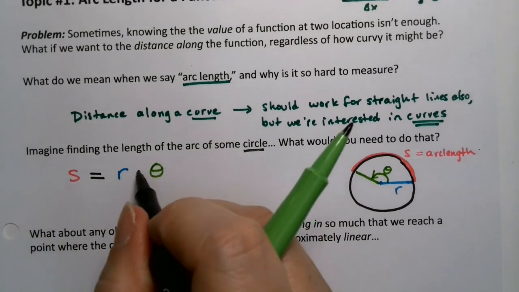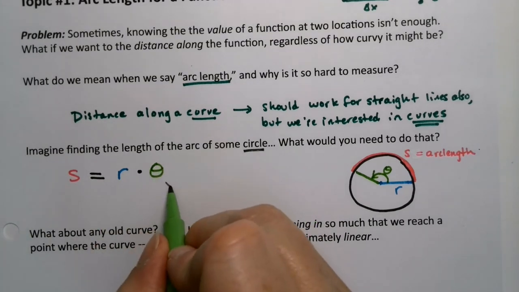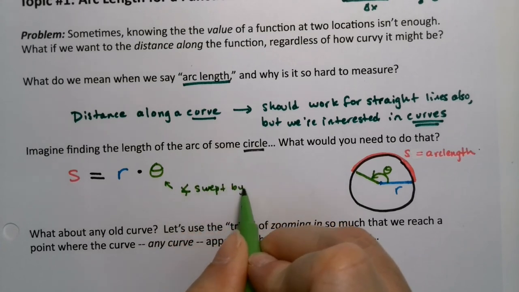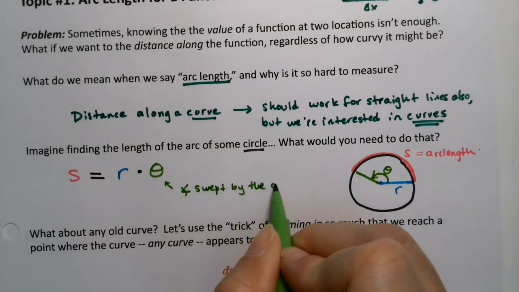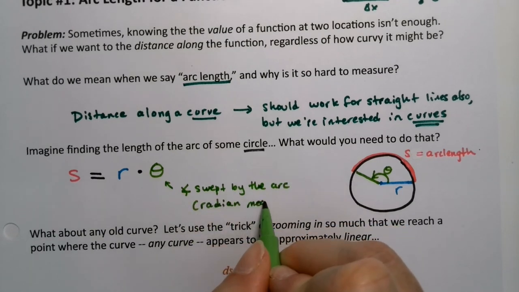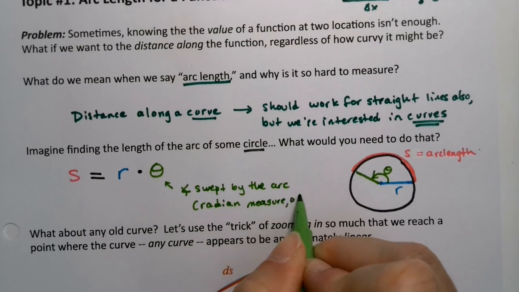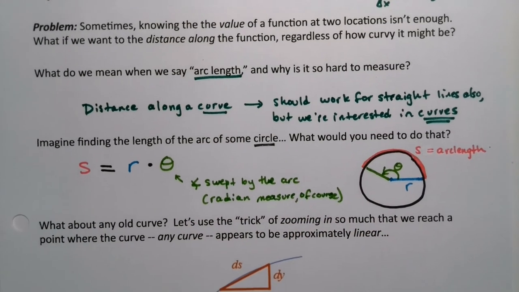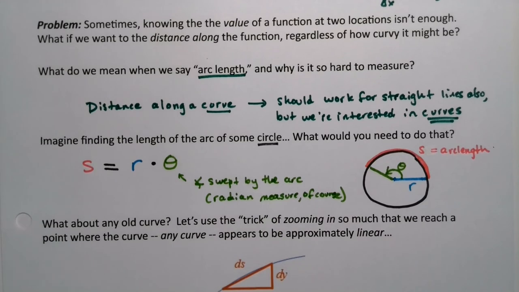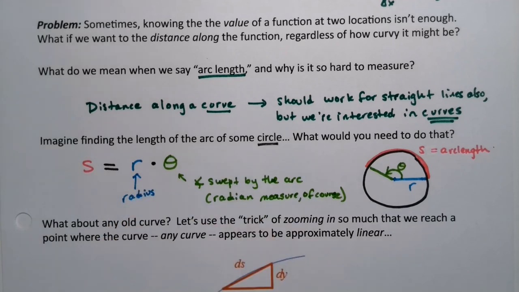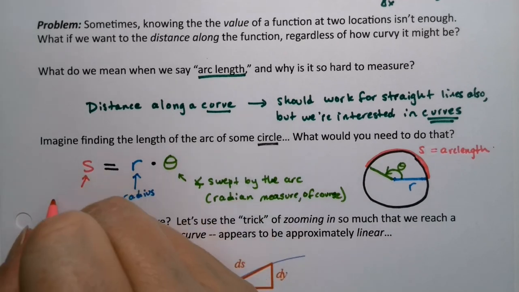So S is equal to r theta, where theta is the angle swept by the arc, in radian measure, and r is the radius, and S is the arc length.